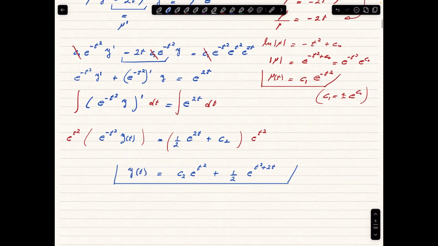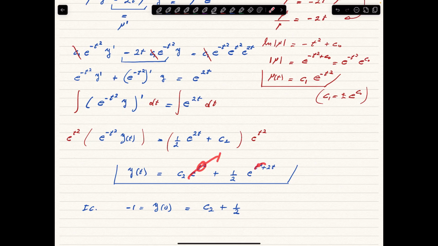What is the initial condition? y at 0 is equal to -1. I should have written it in a more clever way: -1 is equal to y at 0, and y at 0 is c2 plus 1/2.